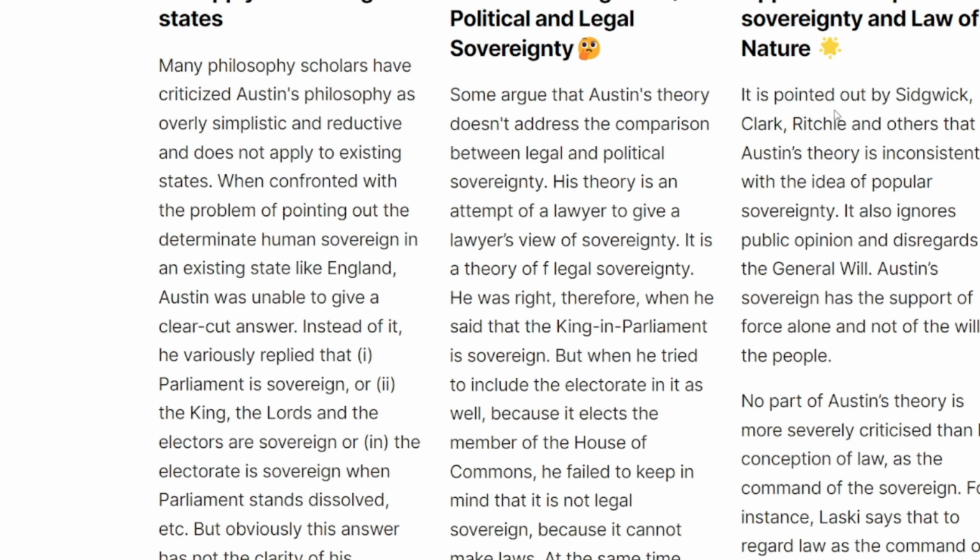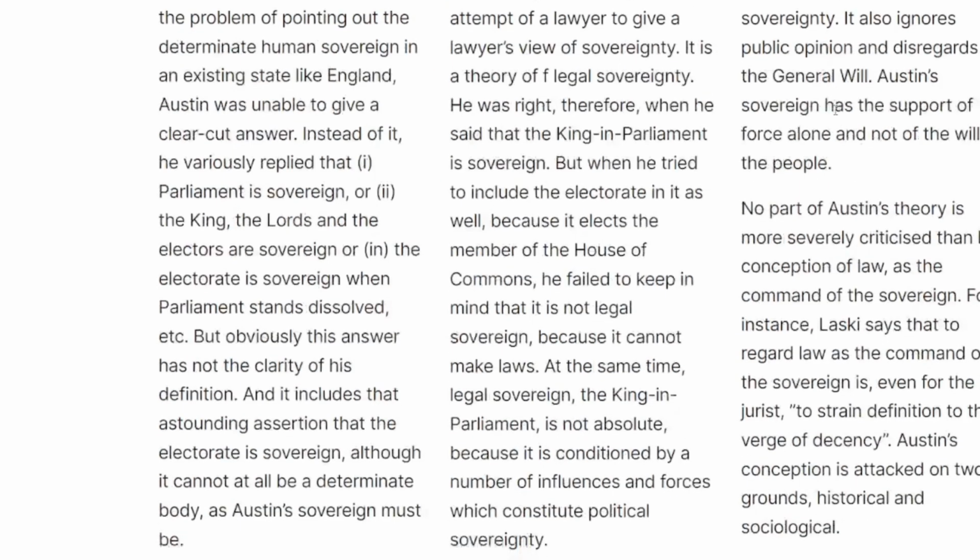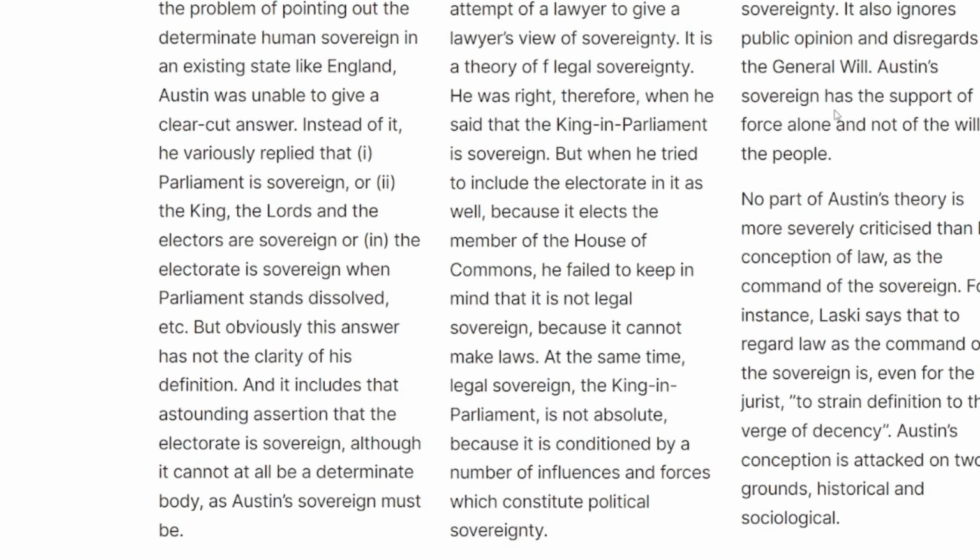Instead, he variously replied that Parliament is sovereign, or that the electorate is sovereign when Parliament stands dissolved, etc. But obviously, this answer lacks the clarity of his definition, because once he says that the ruler is the sovereign, and when questioned about England he says that Parliament is sovereign.